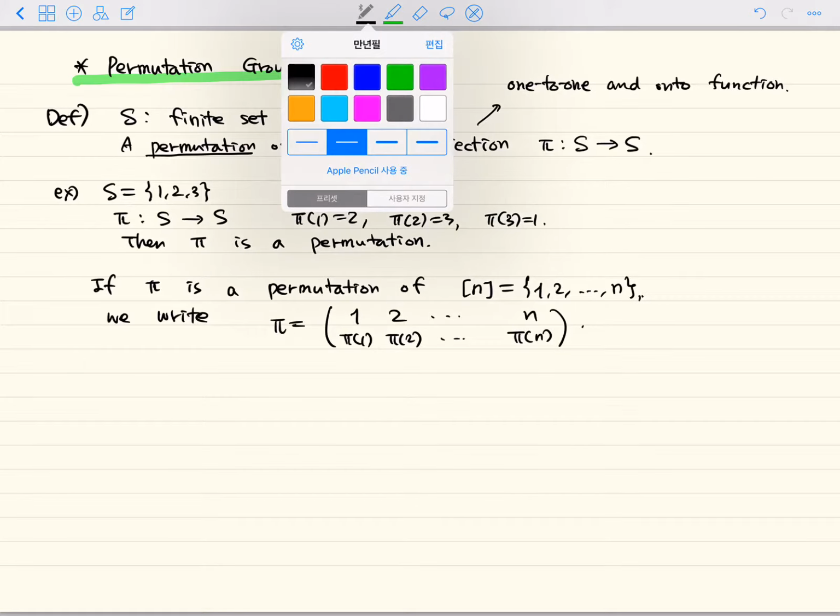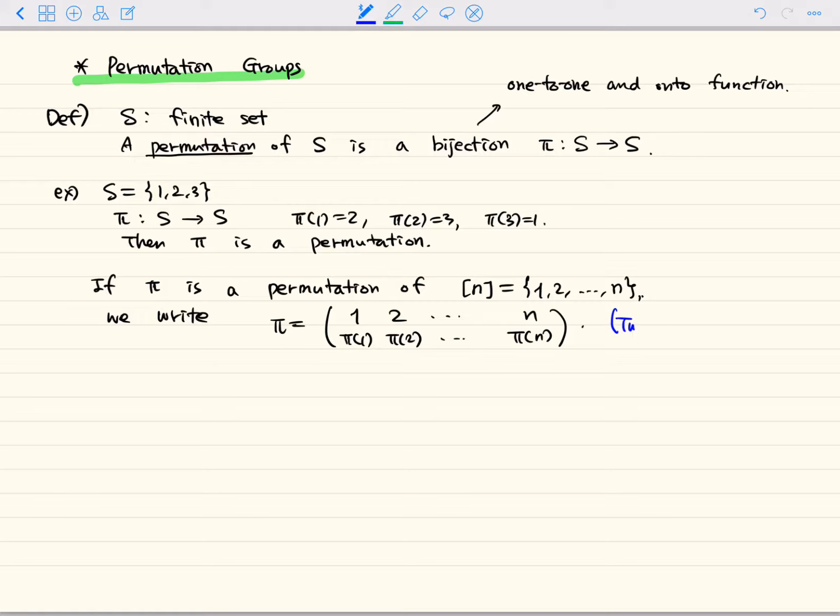And this is called two-line notation. So we're gonna use this two-line notation, which is quite useful if you consider pi as a function.